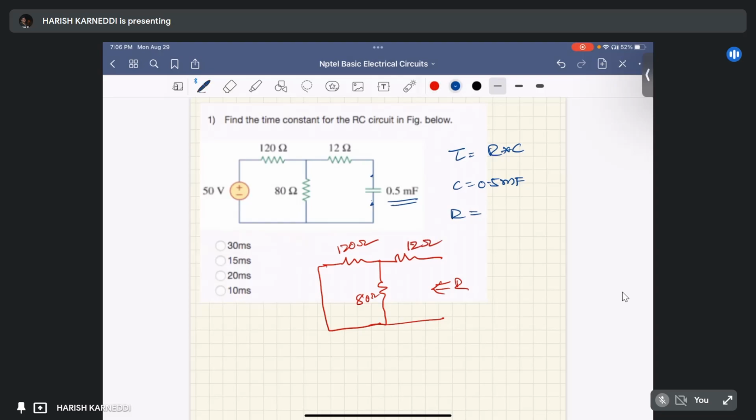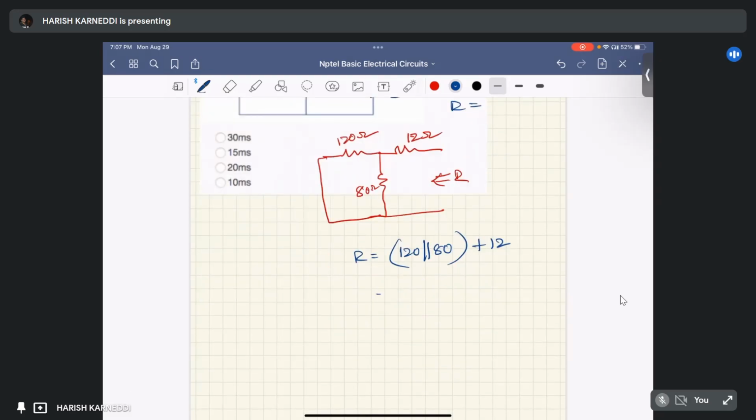This 120 ohm and 80 ohm are connected in parallel. That combination is connected in series with this 12 ohm resistor, right? So the equivalent resistance is R equal to 120 ohm in parallel with 80 ohm, and the total is connected in series with the 12 ohm.